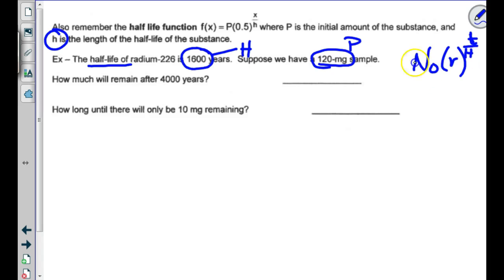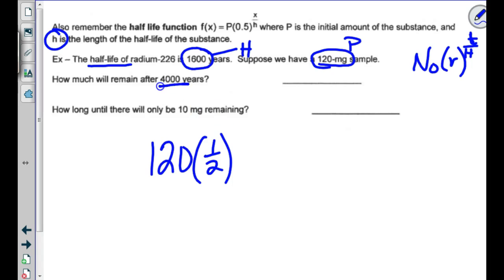Okay, so this is equivalent. They just have put the half in for us. All right, so we have 120, 1/2 or 0.5. And we're supposed to figure out how much will remain after 4,000 years. So that's time, or x in this question.